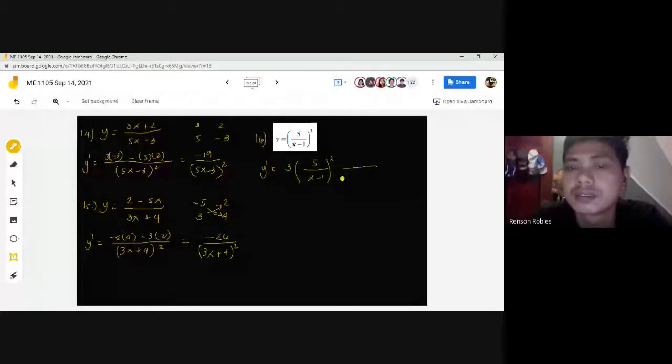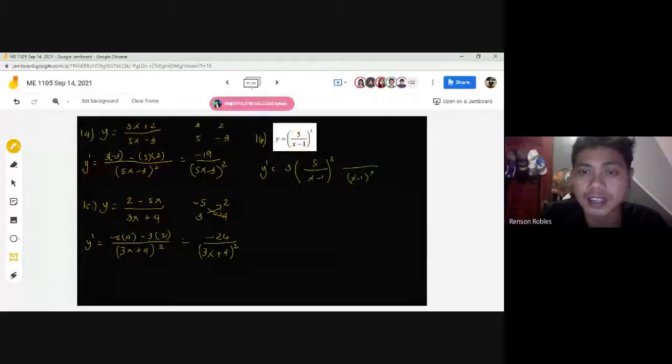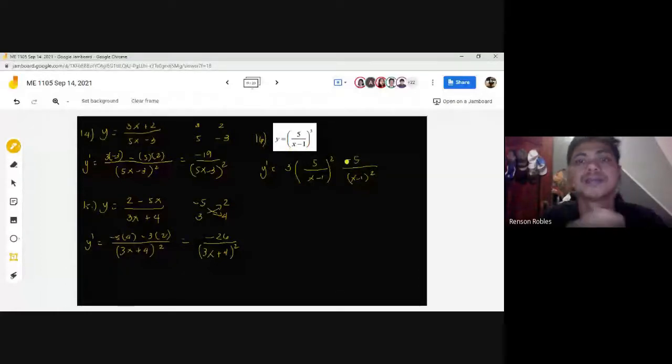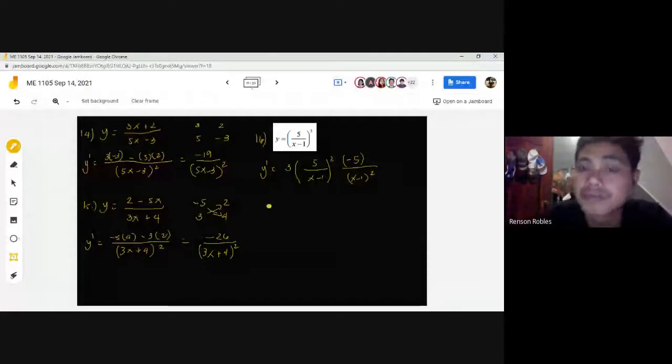When you differentiate this 5 over x minus 1, okay? So you have x minus 1 square, and then this is 1, power here is 1. 1 times 5, it's 5. And then you oppose the sign, negative. So that's negative 15, right? Then ito pa, 5 squared, it's 25.